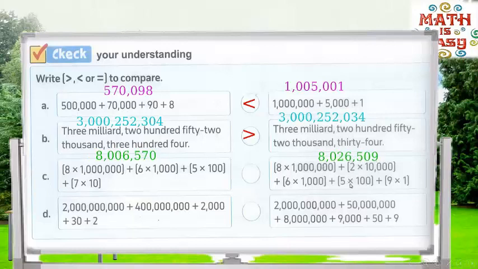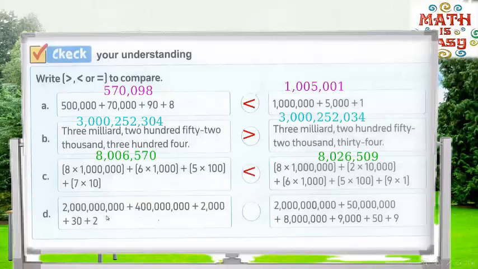And in the last period we have 5 times 100, 500, 9 times 1 is 9, 509. Okay, now we can compare. We have 8 in the highest place and 0 in the 10,000th place, but here we have 2, so this number is more.